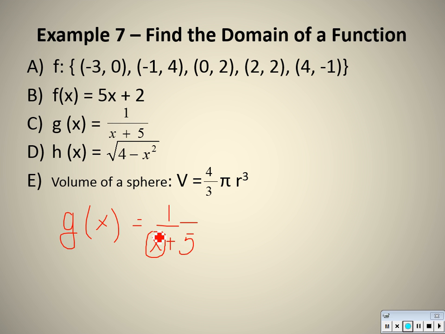So in order to find what that value is, all I want to do is take the entire denominator, x plus 5, and make it not equal to 0, because I want the denominator to not be 0. Because if it were 0, that would make the function undefined.